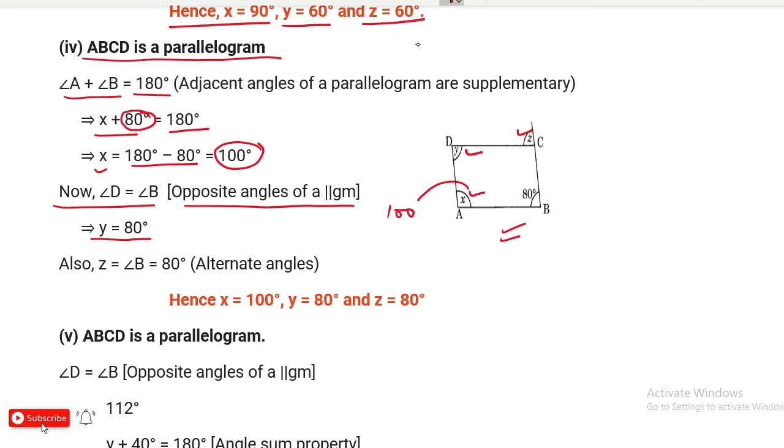Because here the value of B is 80. Also z is equal to 80. Why? Because it is the alternate angle. Then we find the value of x is 100, y is 80, and z is 80.